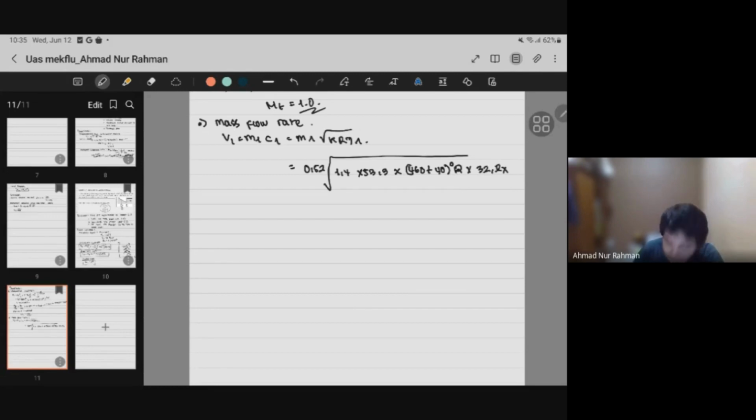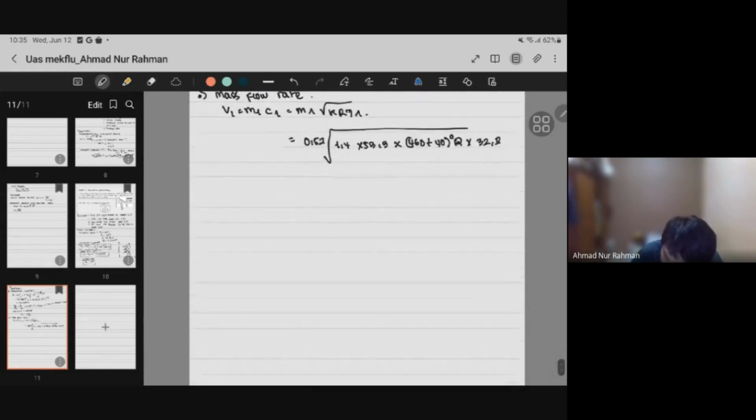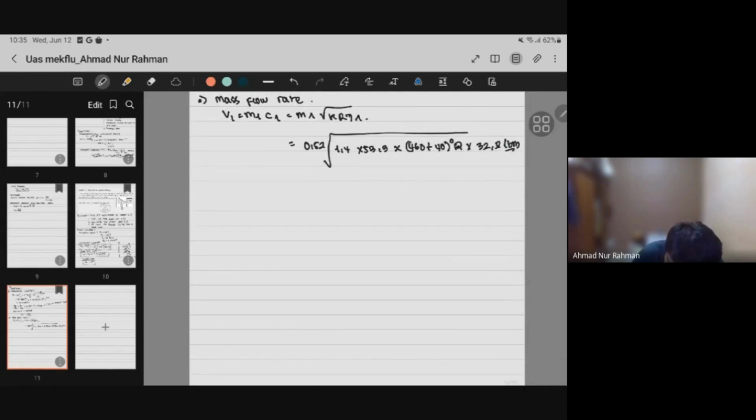Wait, the units: lbm, slug, ft per lbf times s squared. The 53.3 is in feet times lbf per lbm times R.